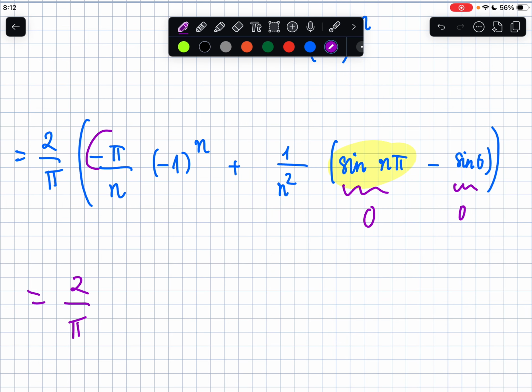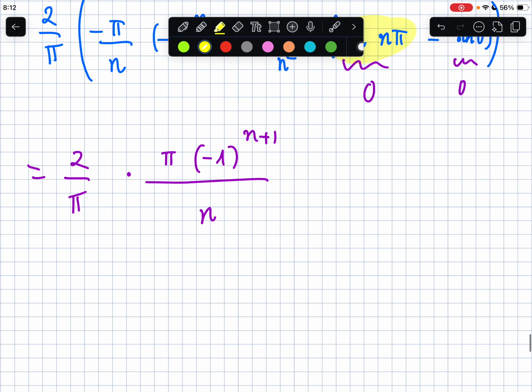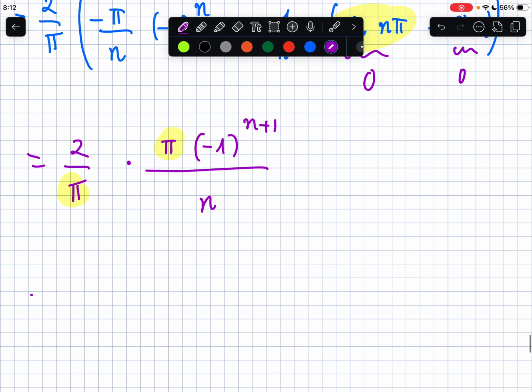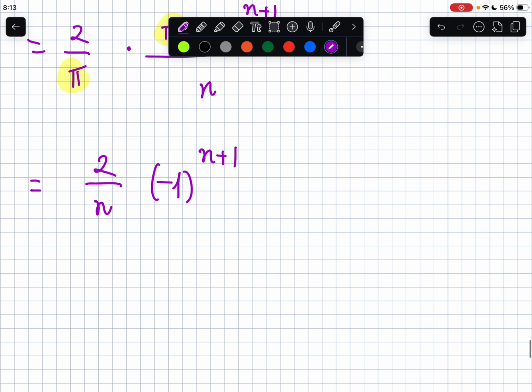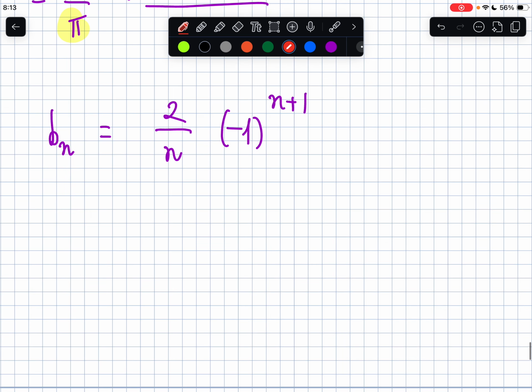So you have 2 over pi. I can pull this minus 1 into the minus 1 to the n. So you have pi times minus 1 to the power n plus 1 divided by n. Pi and pi cancel out. This gives us 2 over n times minus 1 to the power n plus 1. So this is our B_n. In our case, we need to compute B_4 and check if it is 0 or not.